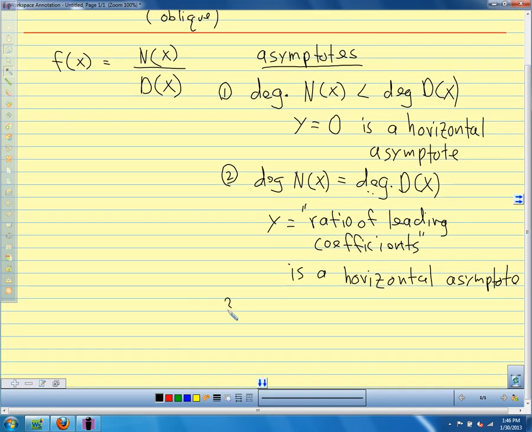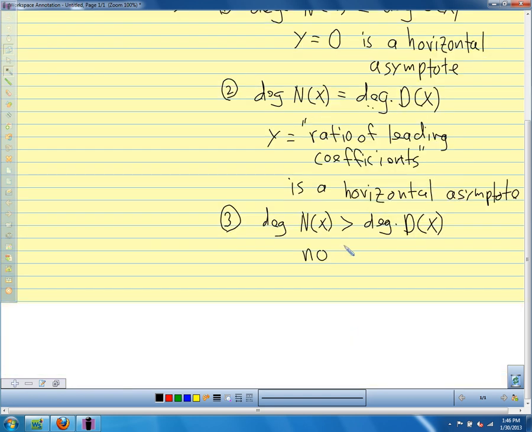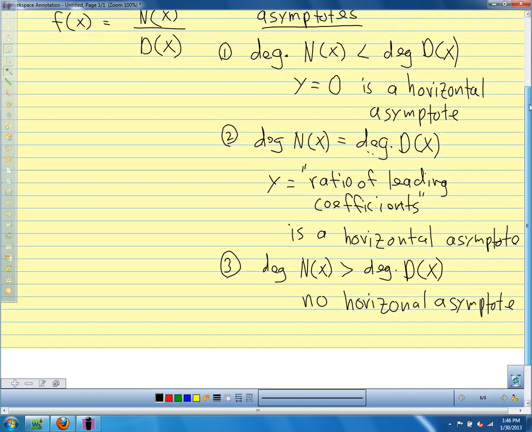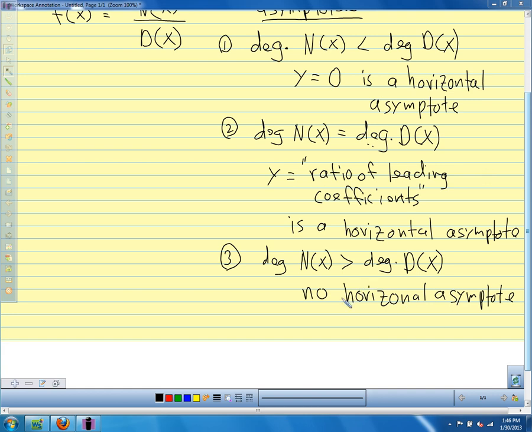Our third one we said the other day is if the degree of the numerator is larger, then we don't have a horizontal asymptote. But we did say that something special happens in certain cases here.